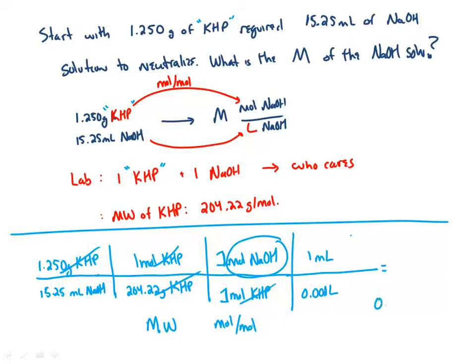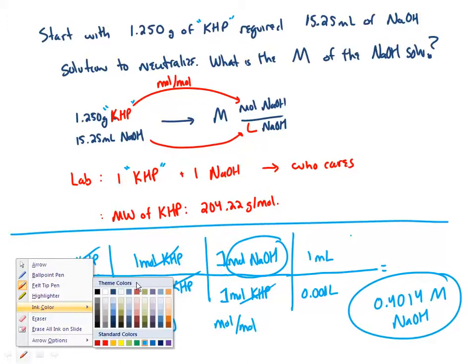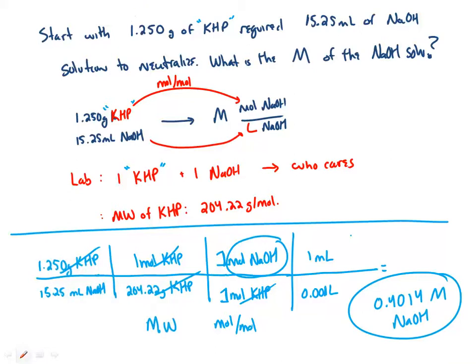And we get 0.4014 molar NaOH. Notice that I have a whole lot of sig figs because in lab, mass is 4 sig figs, usually. Volume is 4 sig figs, and so my answer has 4 sig figs. So you really can find the molarity of this solution to a very accurate degree.